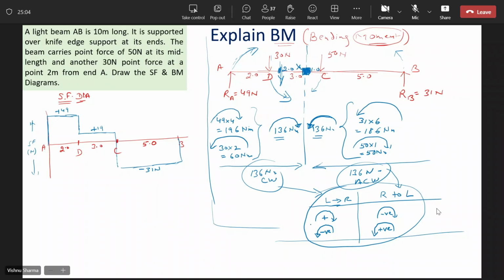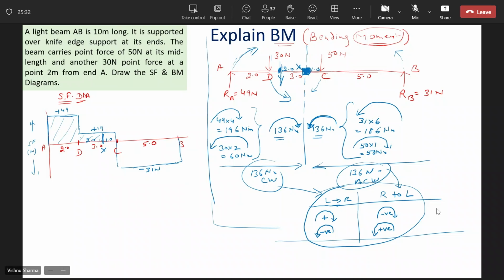Now I would like to draw your attention to the SF diagram. In the SF diagram, where is point X? Point X is here. It is 2 meters from D and 1 meter from C. Now, guys, see how much is the area under the SF diagram to the left of X. To the left of X, you have this area and this area.